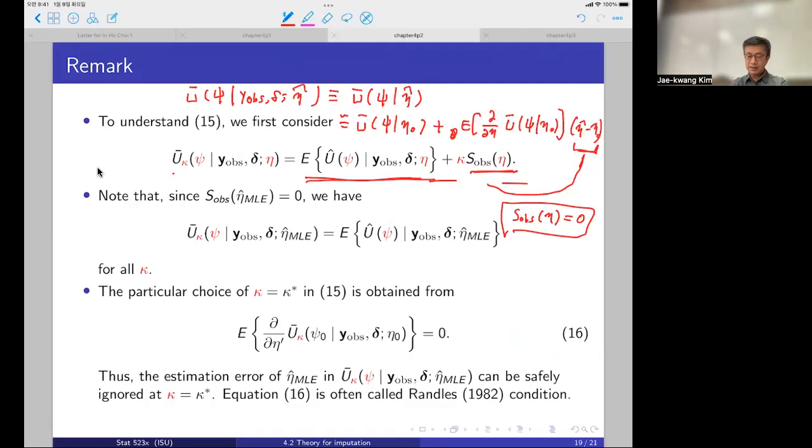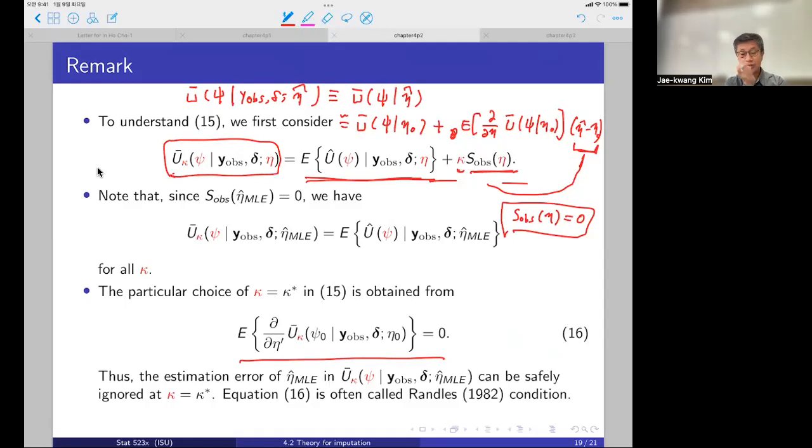And then kappa is a coefficient that characterizes the linearization. The question is how to determine kappa. The idea is to view this as a function of kappa, psi and eta.